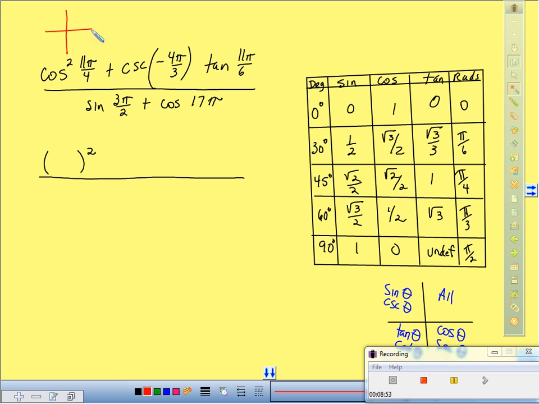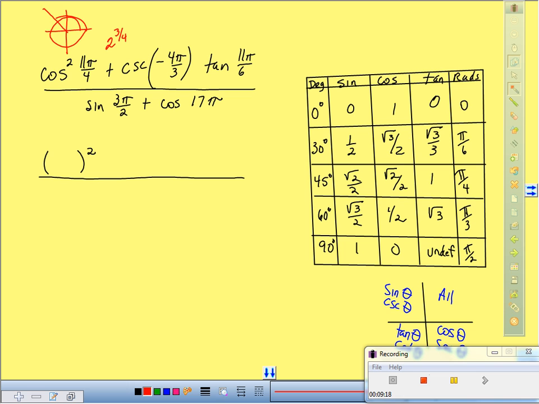If you divide 4 into 11, it goes in there twice, which would be 8, and has a remainder of 3. So it's 2 3/4 pi. So where's 2 3/4 pi? Well, 1 pi is halfway around, 2 pi is all the way around, and if I go 3/4 more, I'll be past half, so that lands me in the second quadrant.